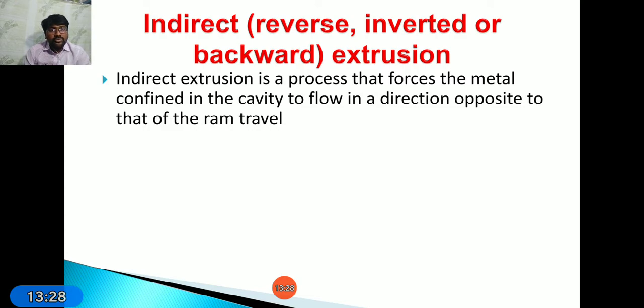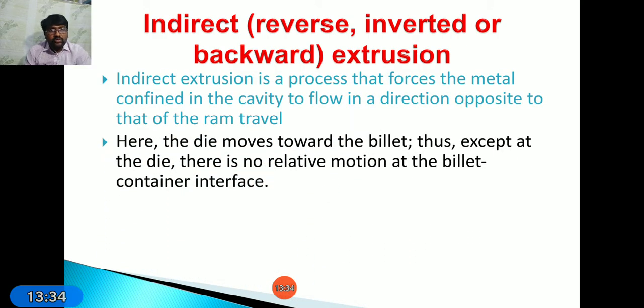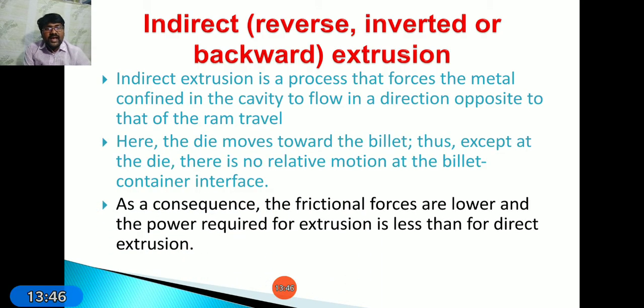This is known as reverse or backward extrusion. Here, the die moves in towards the billet. Thus, except at the die, there is no relative motion at the billet-container interface. As a consequence, the frictional forces are lower and the power required for the extrusion process is less than the direct extrusion process.